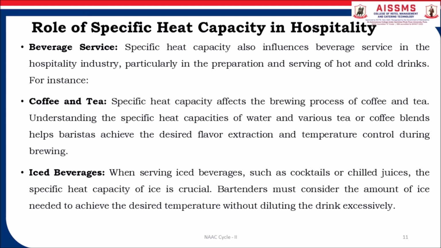Specific heat capacity affects the brewing process of coffee and tea. Understanding the specific heat capacity of water and various tea or coffee blends helps baristas achieve the desired flavor extraction and temperature control during brewing.